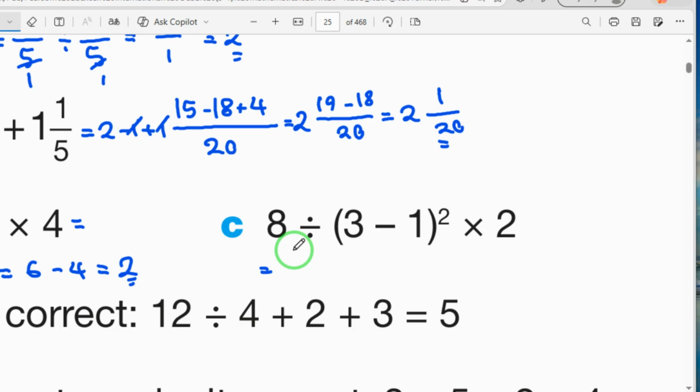learning videos. So here we have 8 divided by, here we subtract 3 minus 1 remain only 2. 2 square multiplied by 2, it's equal to 8 divided by 2 square 4 multiplied by 2.